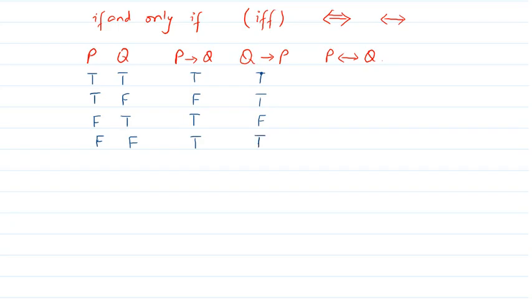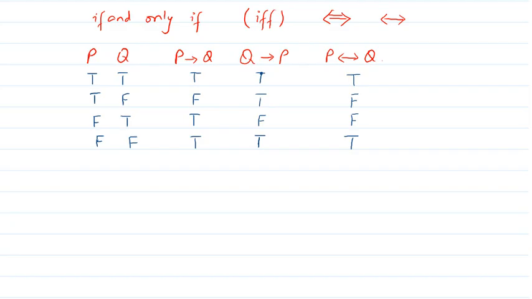So P implies Q: true, true, true; false, true, or true, false. For both cases, we are going to have false. If any one of them is false, the output is false. If both are true, then definitely again the output is true. So P if and only if Q is going to work only when both are true. P implies Q is true and Q implies P is also true.